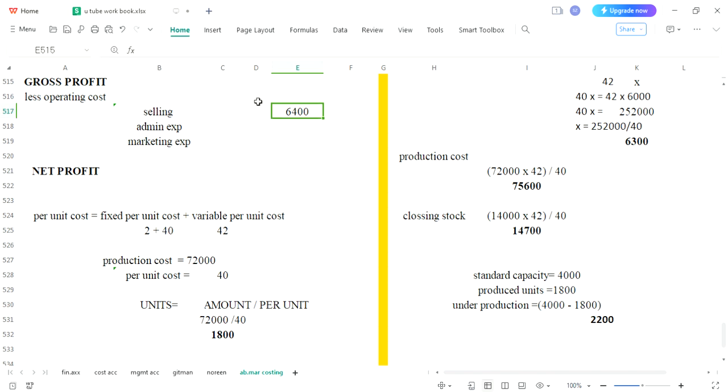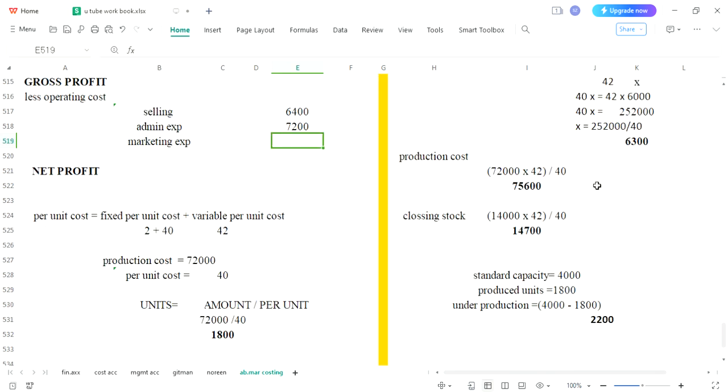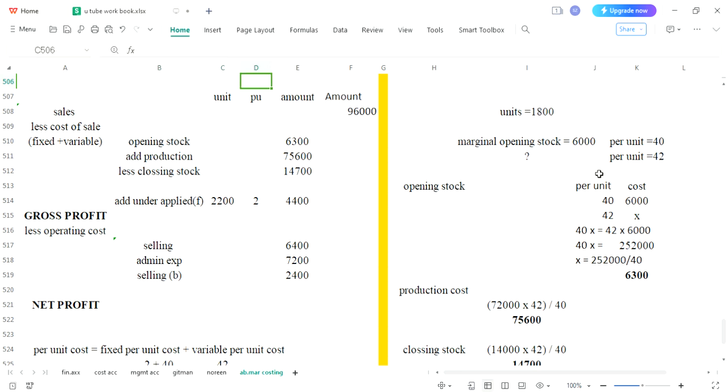So put 7200 over here. And then we have second selling expenses, 2400. These are not marketing expenses. Again, selling expenses they are, but we can mention these as part of selling expenses. Right, now everything is completed.